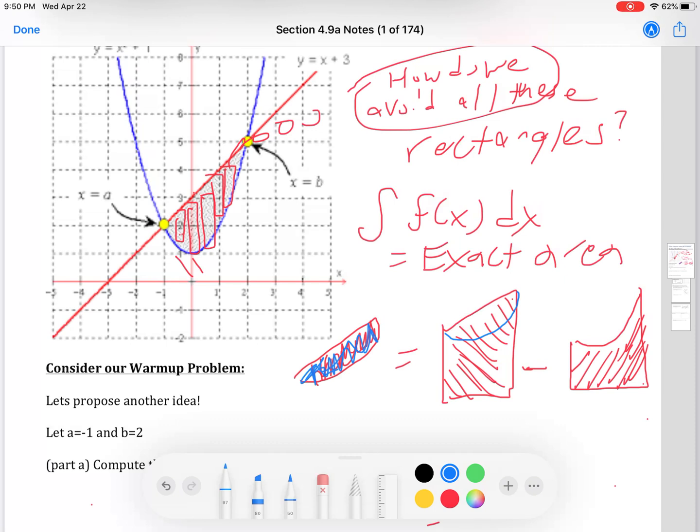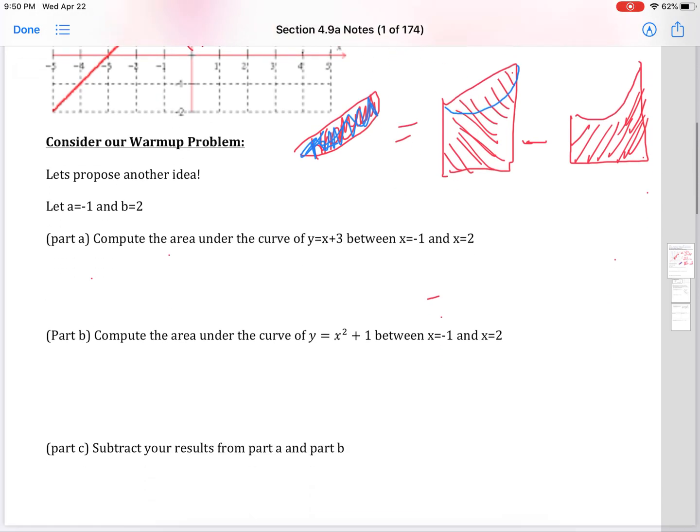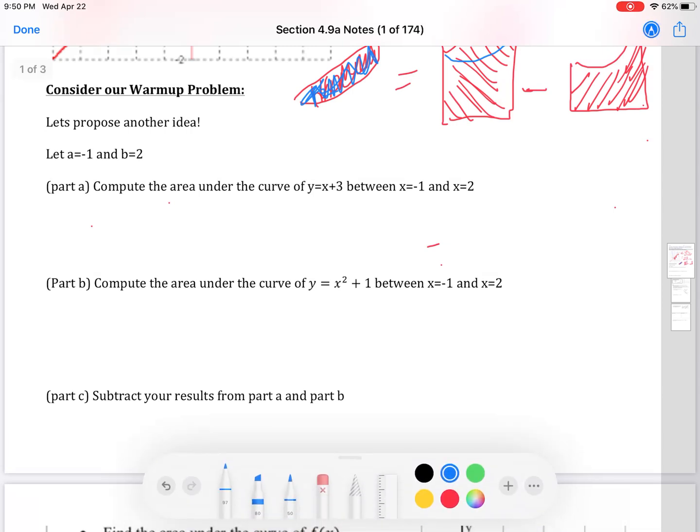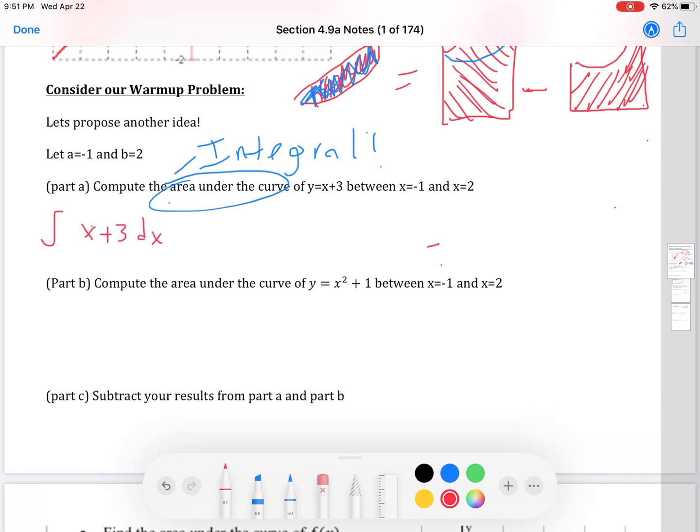We can also frame this as a warm-up problem. If you were in the brick and mortar classroom, this is where we would start today's lesson. Part A says, let's take the integral of that top function and compute the area under the curve. That means take the integral of x plus 3 from -1 to 2.